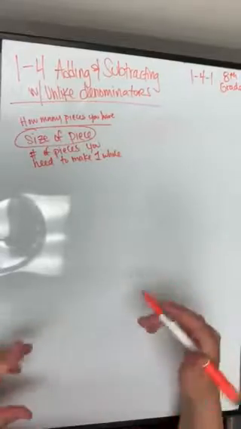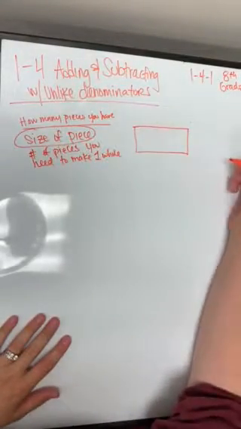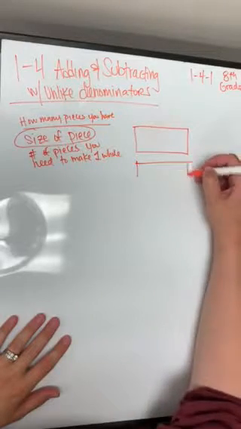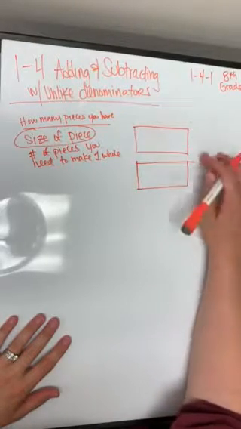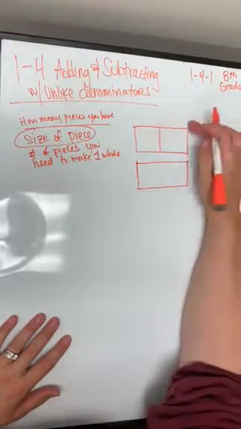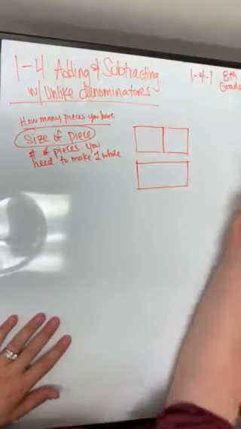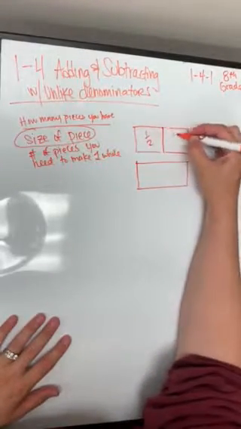So I'm going to do a little bit of a visual right over here. Let's say I have this candy bar, and I don't have enough room there, so I have this candy bar. All right? Now this candy bar, I'm breaking in half. I have half here and I have half here.